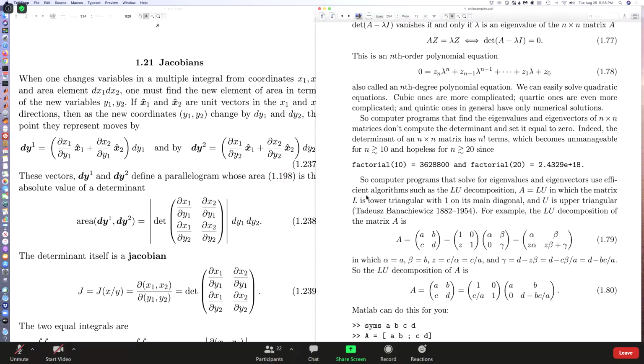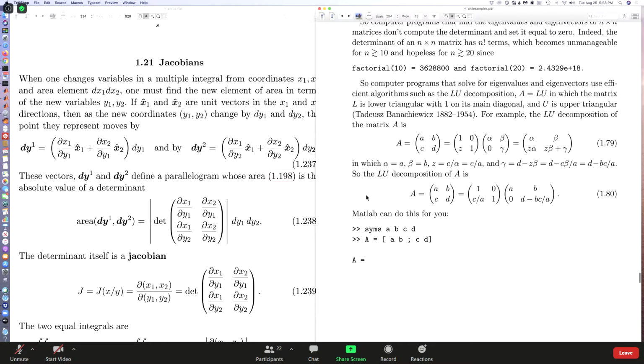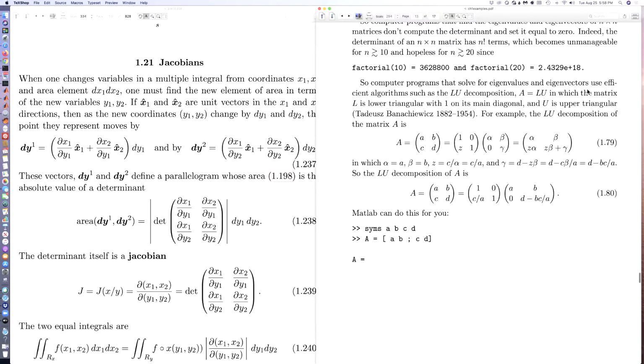So computer programs that solve for eigenvalues, eigenvectors, and all sorts of other things you can do with linear algebra use efficient algorithms. One of these, I was surprised to find, was invented quite recently, in 1938, actually. Well, that's recent in my book because it's 3 years before I was born.